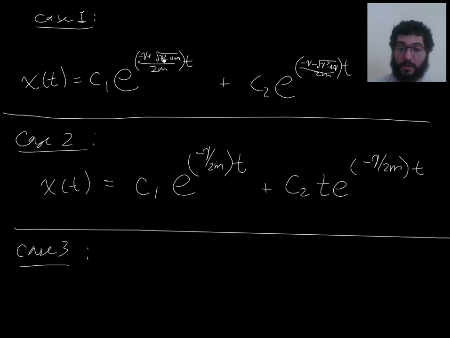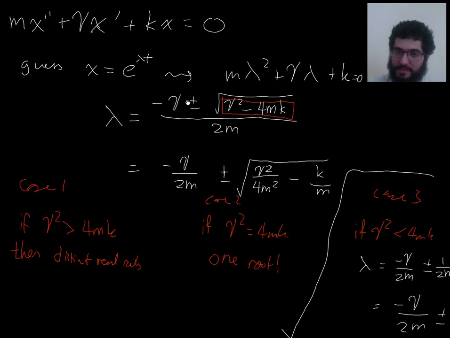But negative gamma plus, that one seems like it depends. So if you look at just the plus here, negative gamma plus this, is that necessarily negative? Or could some choices of m and k and gamma make it positive, maybe? Well, let me pose the question in a more clear way.